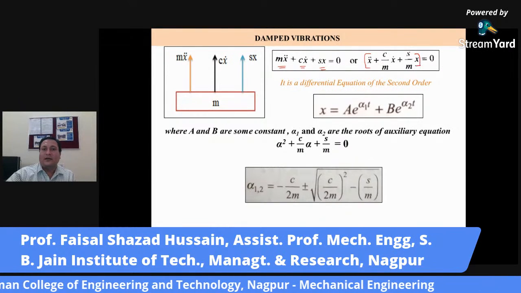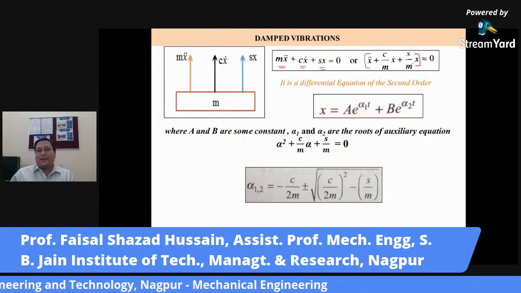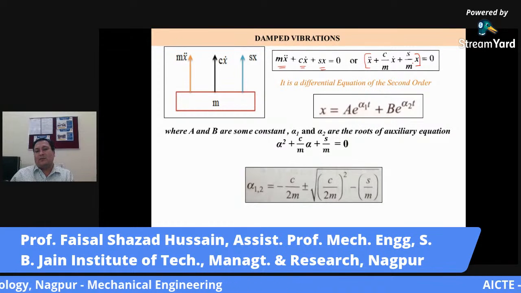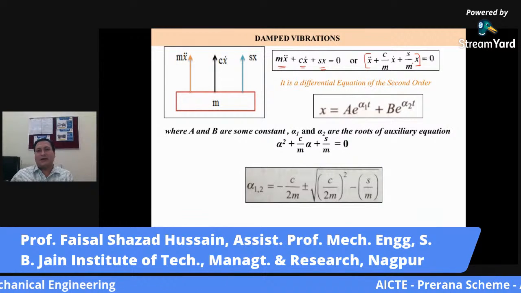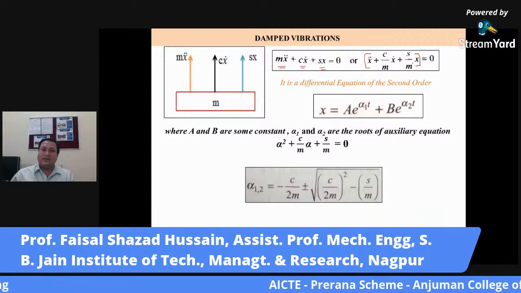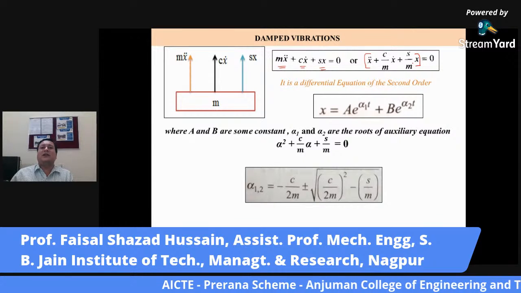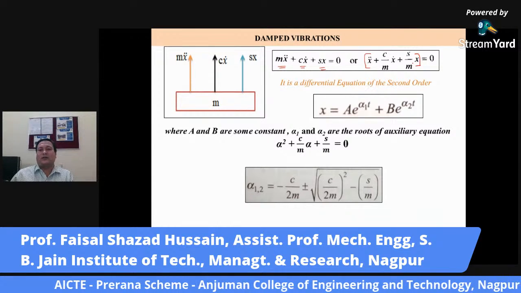Now, basically, this equation x double dot plus c by m x dot plus s by m x equal to 0 is a differential equation of second order.